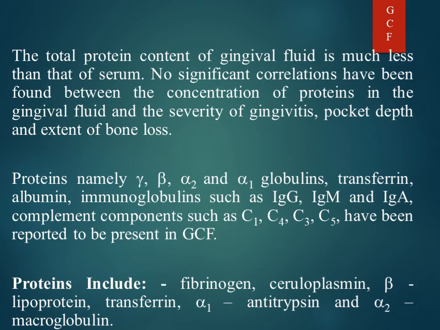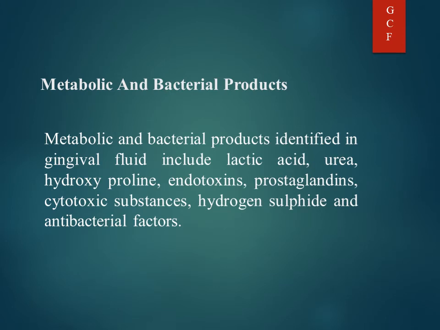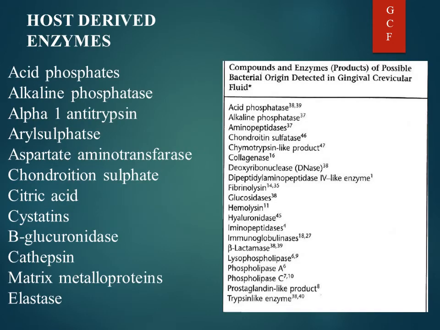The total protein content of gingival fluid is much less than that of serum. Proteins, namely alpha globulins, transferrin, albumin, fibrinogen, ceruloplasmin, antimicrobial peptides, and a lot of other proteins are present. Then come your metabolic and bacterial products. These include lactic acid, urea, hydroxyproline, prostaglandins, and these are all also present in the GCF.